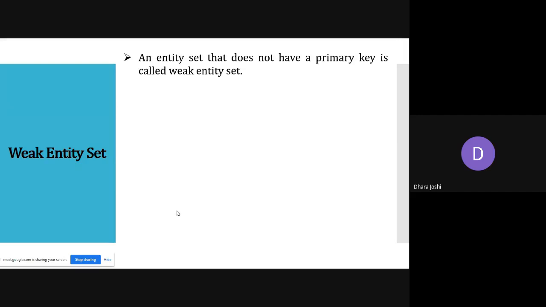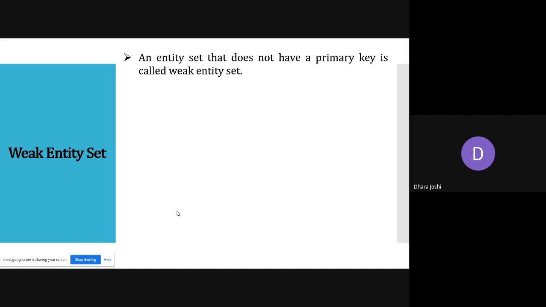Till now we have studied entity sets. Entity set means student, faculty, any of the entities like course, teacher, mobile number. An entity can have multiple attributes, and each attribute can have different values. For student, if I have 5 attributes: student roll number, student name, semester, division, and department, then student roll number is called the primary key.